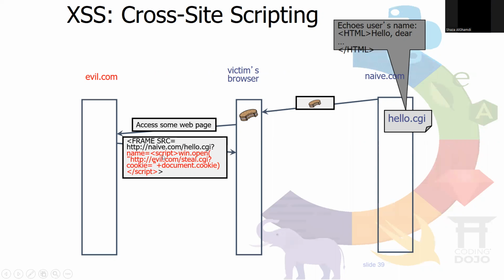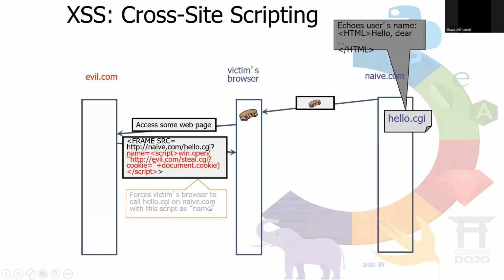So the script will be executed in whom? In your browser. When we hit enter here, this forces the victim's browser to call hello.cgi on naive.com with a script as the name.